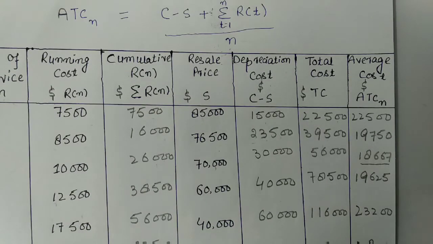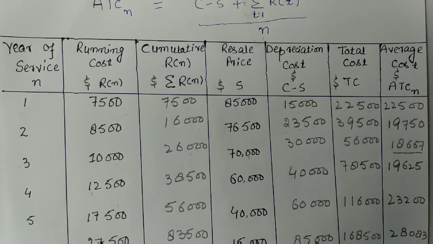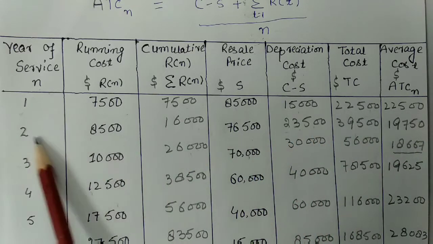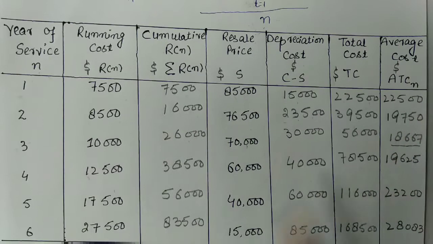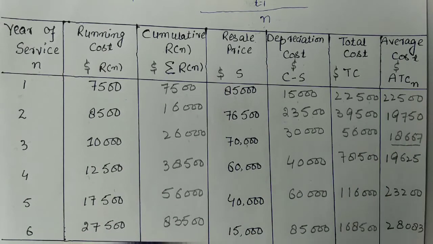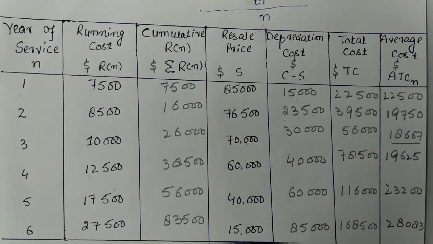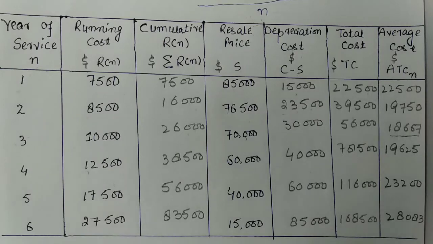So 22,500 divided by 1 is 22,500. Then 39,500 divided by 2 becomes 19,750. And then 56,000 divided by 3 becomes 18,667, and so on.